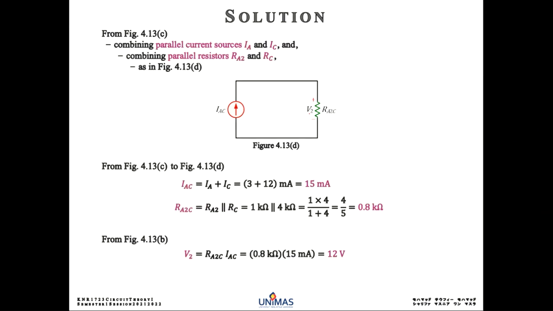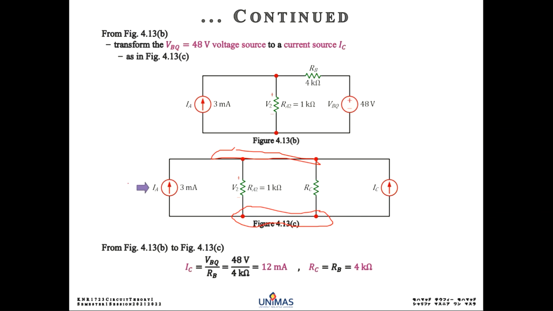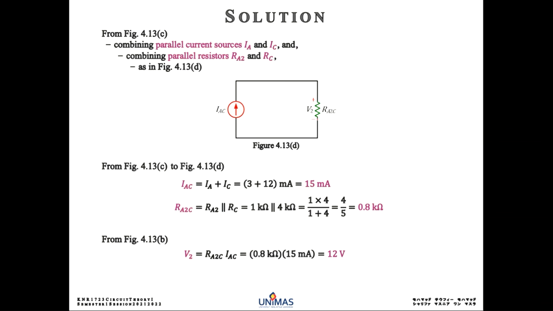So you have RAC, the combination of the sources that you transformed earlier, A and C. So you have a circuit that looks like this, and you can find your V2 is the IAC multiplied by your RAC.